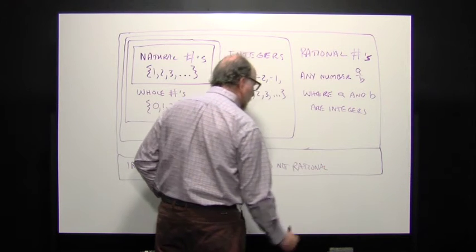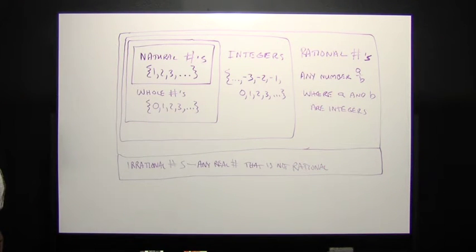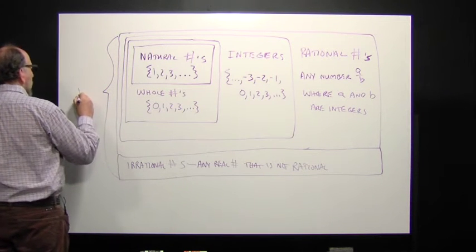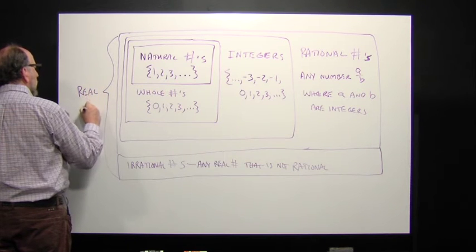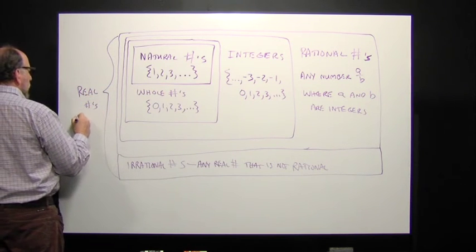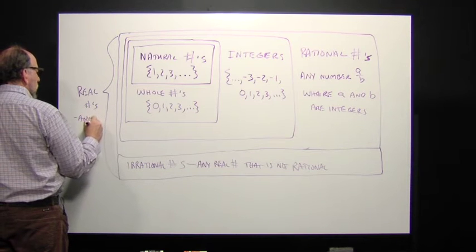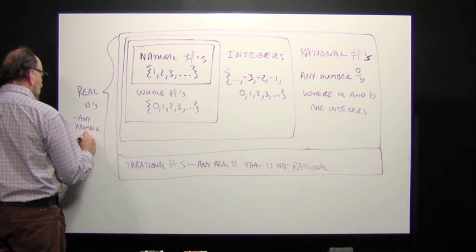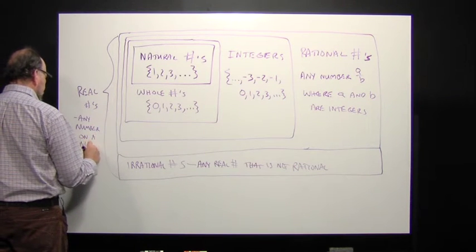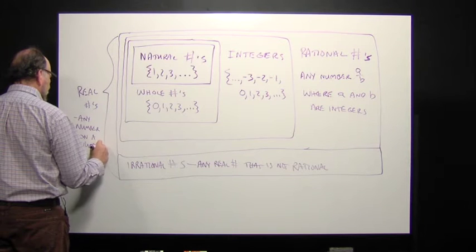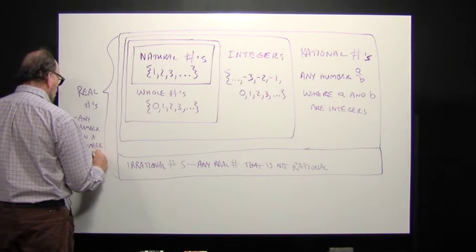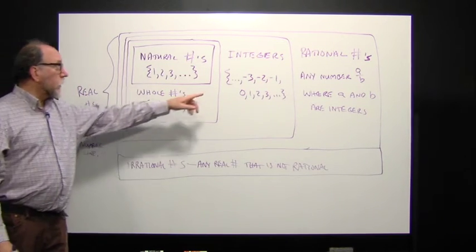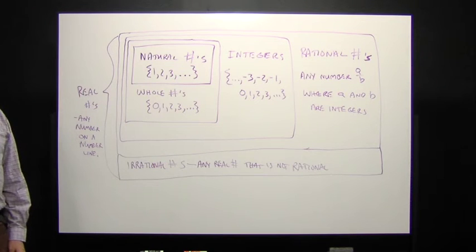Okay? And together, this whole group of numbers make what we call the real numbers. Any number on a number line. All the numbers you can find on the number line are either rational or irrational. And then they can be one of these other types as well.